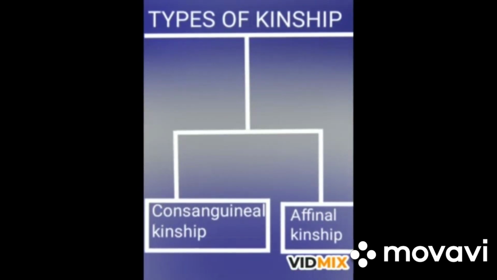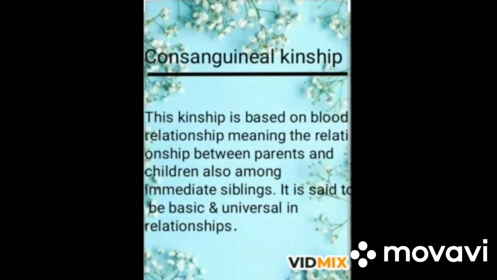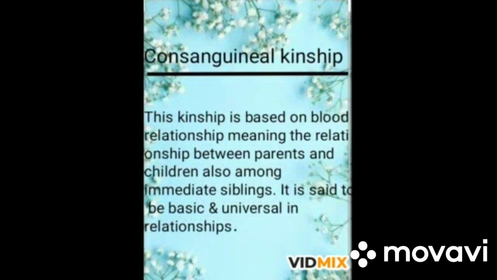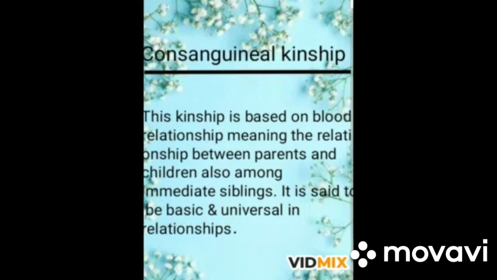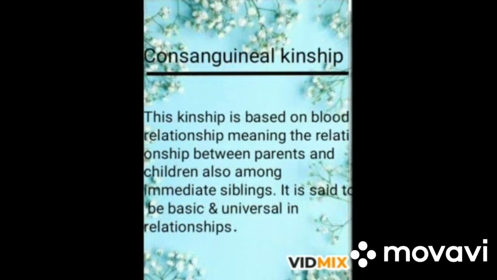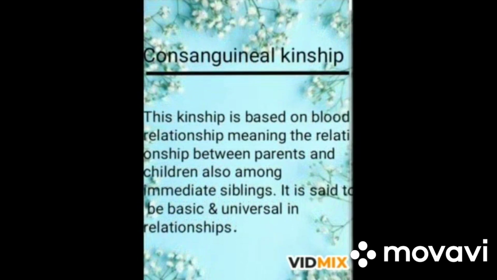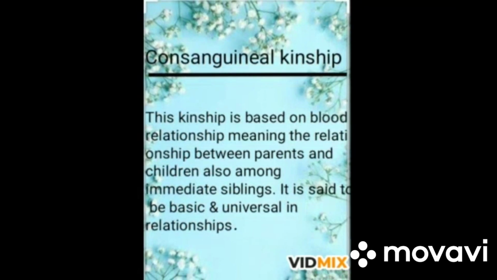Types of kinship. Kinship is based on two broad aspects: birth or blood relationship, consanguineous kinship, and second, affinal kinship, which is based on marriage. Now what is consanguineous kinship?